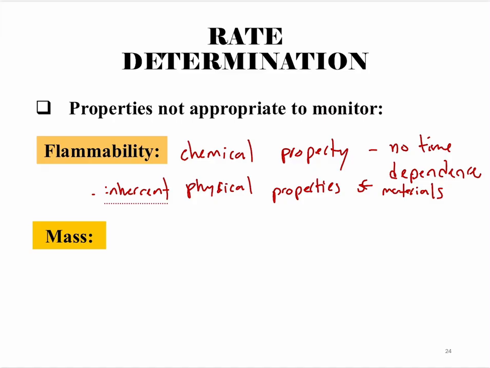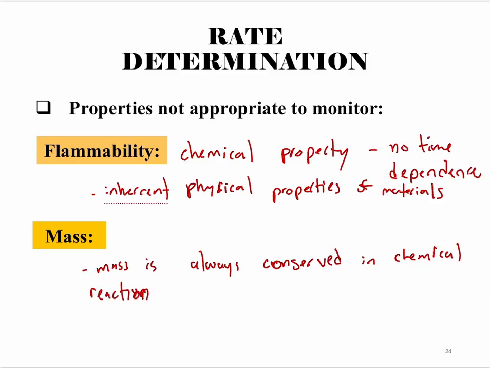The reason the mass isn't useful is because as a chemical reaction happens, the mass stays the same, right? You can't create or destroy atoms in the process of a normal chemical reaction. So mass is always conserved in chemical reactions.